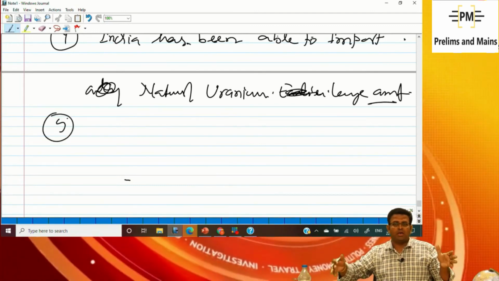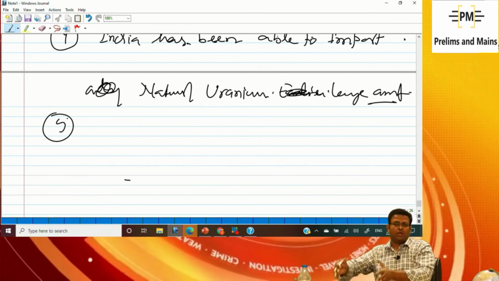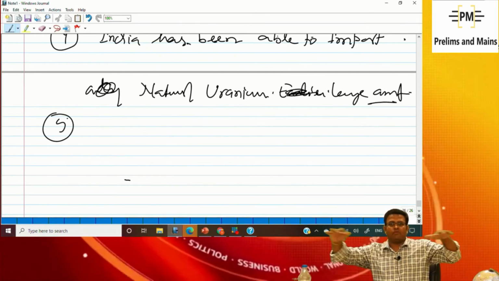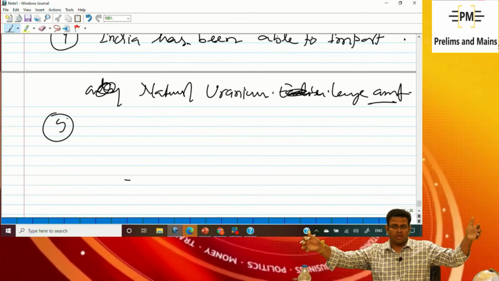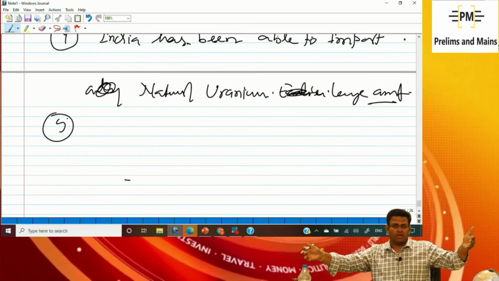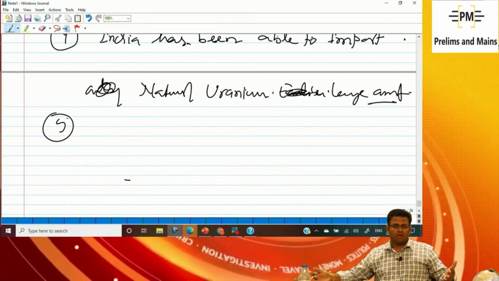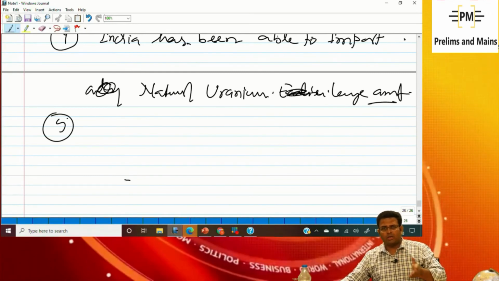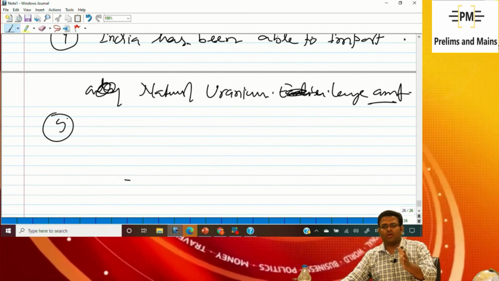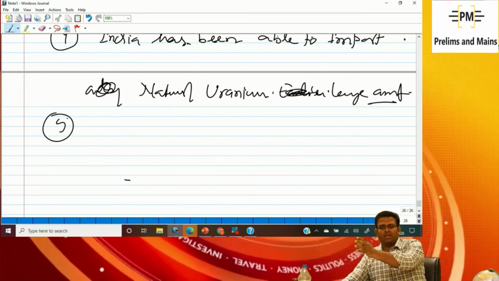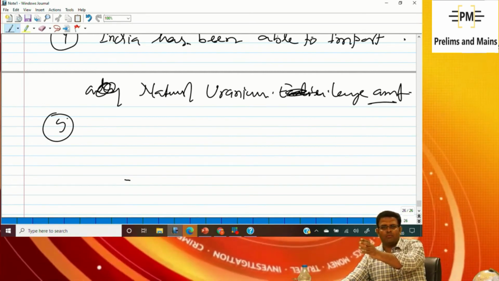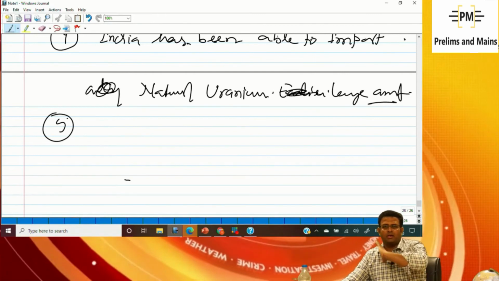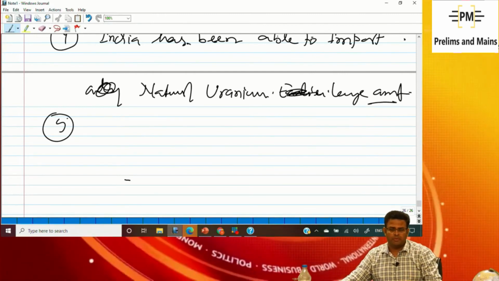So in the chamber, India is putting a natural uranium rod and heavy water as a moderator, because heavy water can make a large number of thermal neutrons, and then the uranium-235 will disintegrate and produce a large amount of energy.